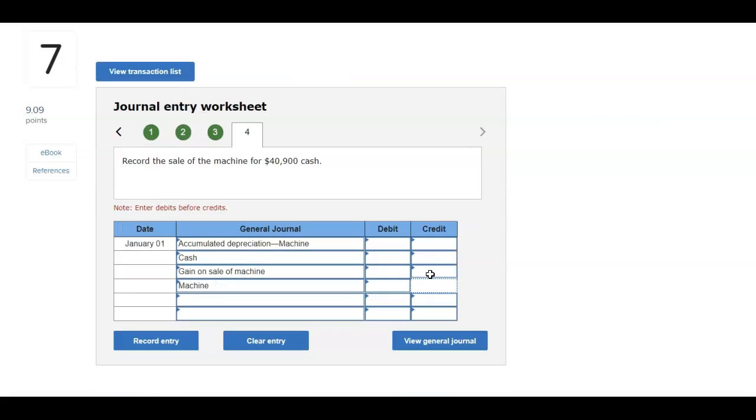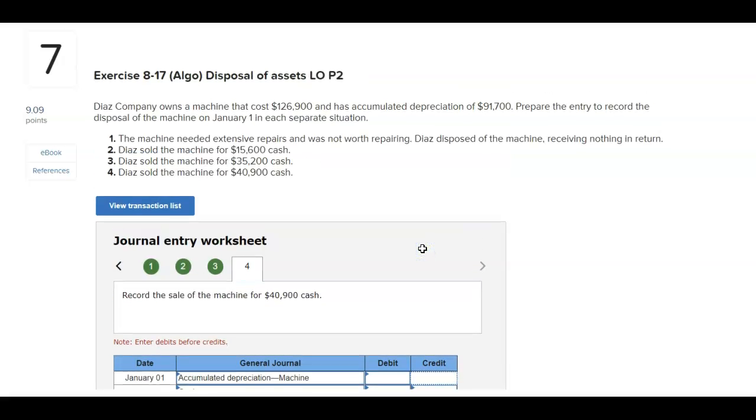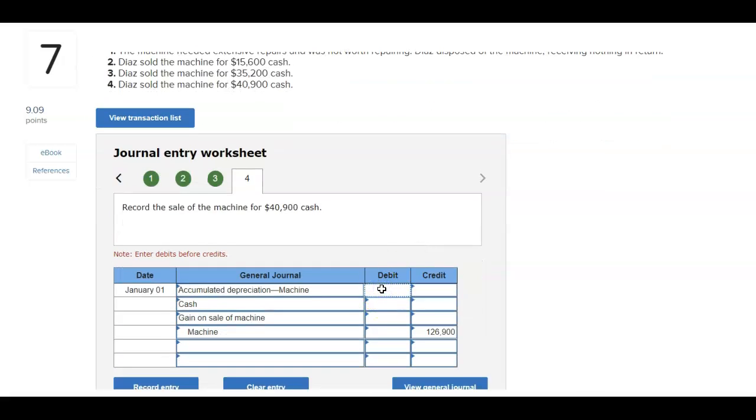Okay, so we've got 126,900, something 17 or so. 91,700. Okay, we're getting 4,900. We are gaining 4,900 minus 35,200.